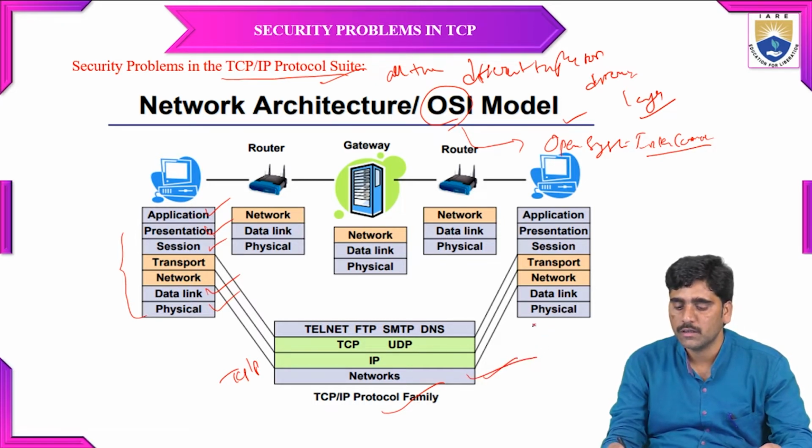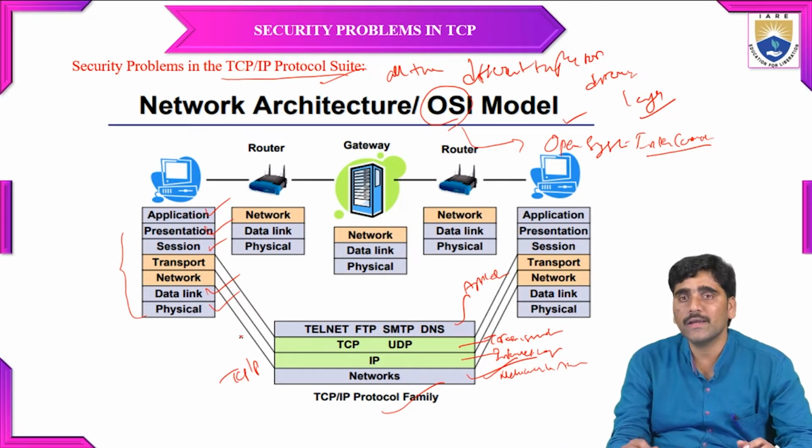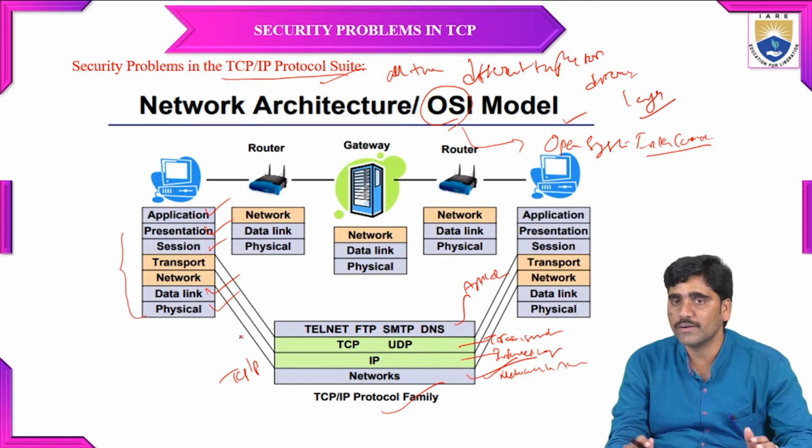The first is the network access layer, the second is the internet layer, the third is the transport layer, and this is the application layer. Here we have to compare both the OSI reference model and the TCP/IP model.